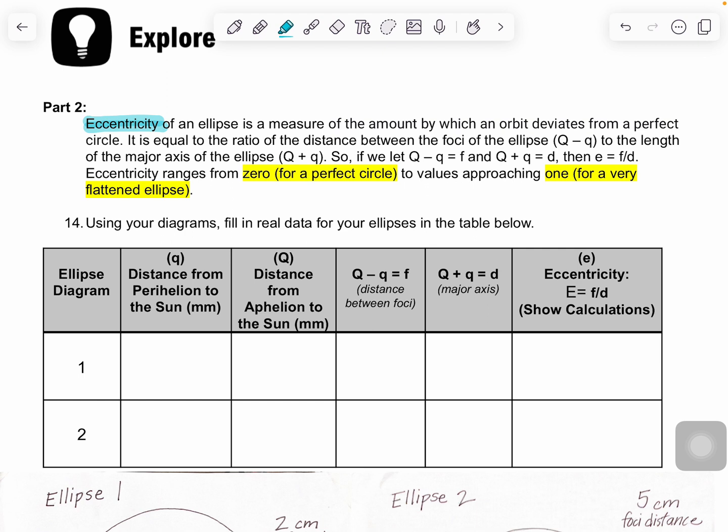Eccentricity of an ellipse is really looking at how much the orbit deviates from a perfect circle. Okay, so really how circular is the orbit? And we can think about this orbit shape as either being closer to a perfect circle or closer to a more flattened out ellipse.